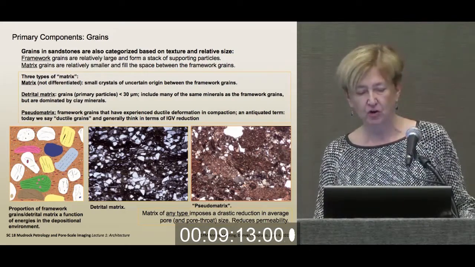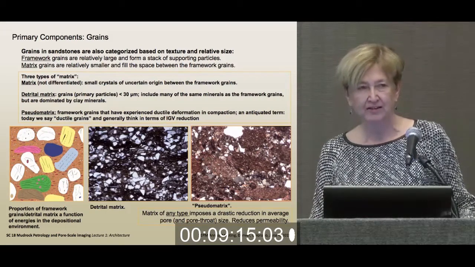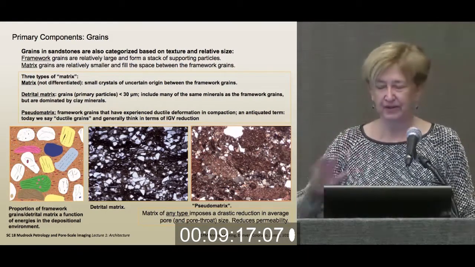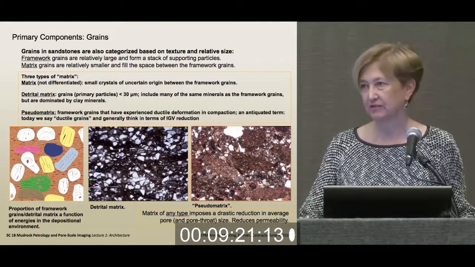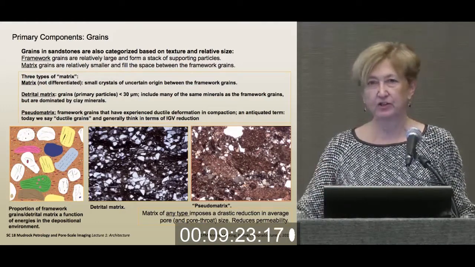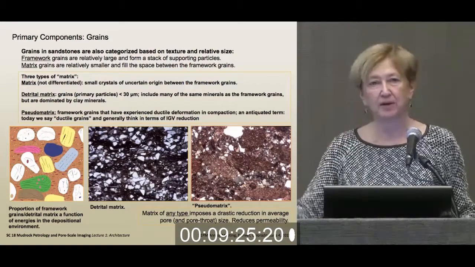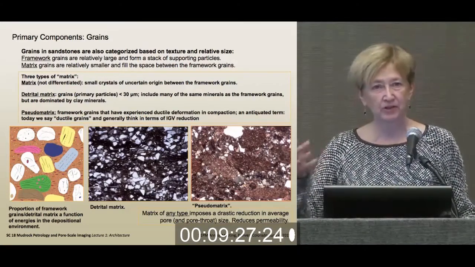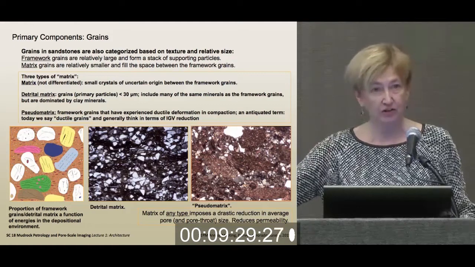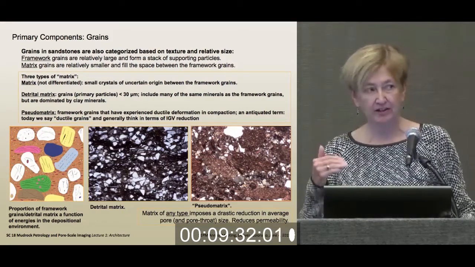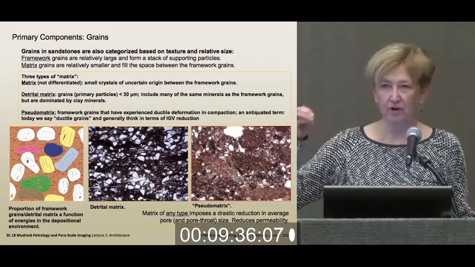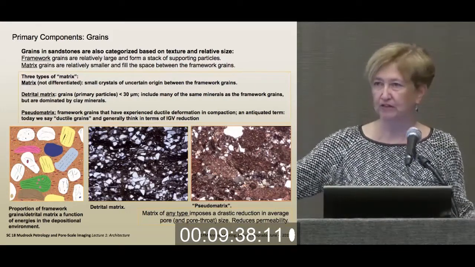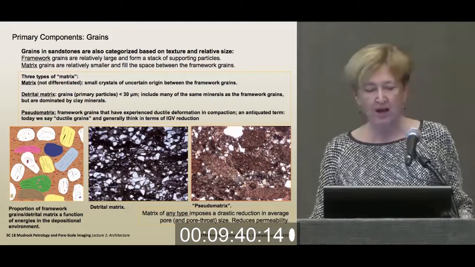And here again is a term, this term matrix, that's a real problem because different fields of study use it very differently. In engineering applications, you often hear people talking about matrix porosity, and what they're doing is talking about the rock versus the fractures. But here in this class, when I say matrix, I mean the finer grained particulate material between relatively larger particles.